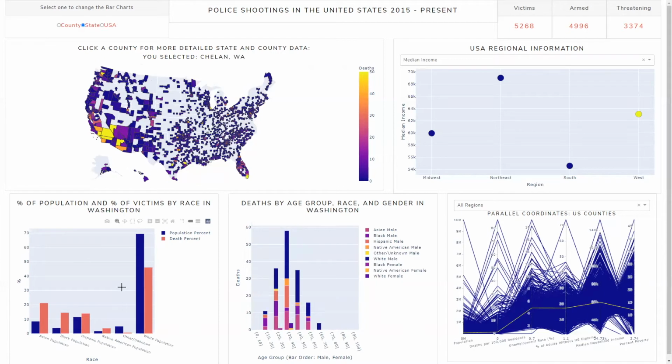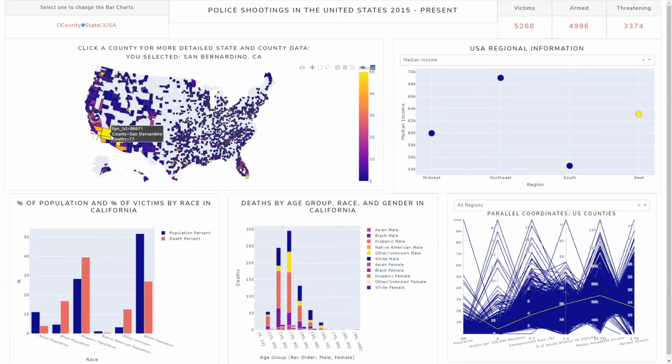So this helps us answer our hypothesis that minorities are killed by police at a much higher rate than non-minority races. We can tell here, so say I click on this county, we can see that the Black population is only 4.63% of the entire county's population, but of the deaths, they take up 16% of the deaths, almost 17% of the deaths, whereas the white population is 51% of the whole entire population in that county, yet they only make up 26% of the deaths in that county.